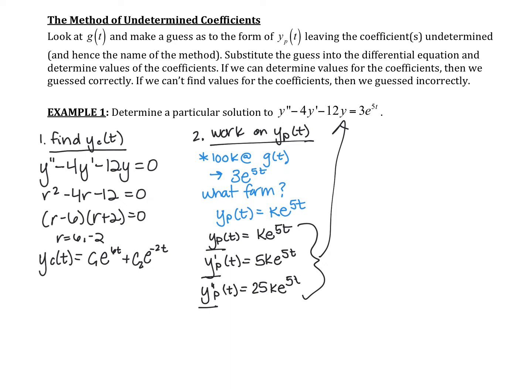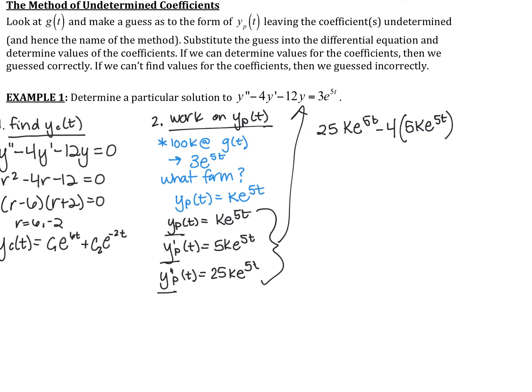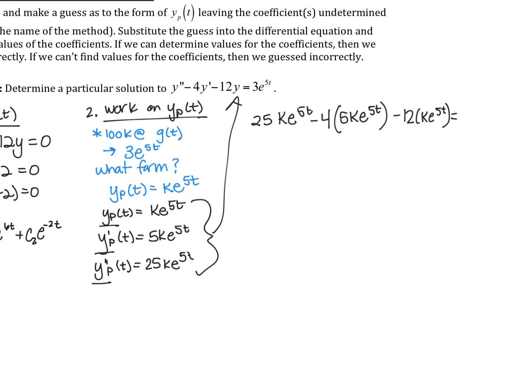So y double prime, we have 25k e to the 5t, minus 4 times 5k e to the 5t, minus 12 times k e to the 5t, equals 3e to the 5t.